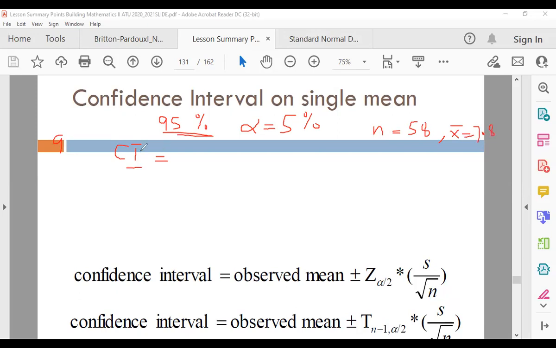If you are creating a 95% confidence interval, it's just going to be your X bar, which is the observed mean or the sample mean, plus or minus Z alpha on 2 times your standard deviation over the square root of N.